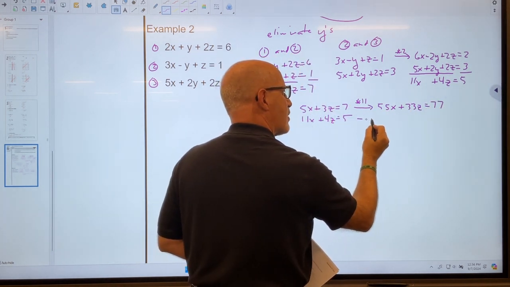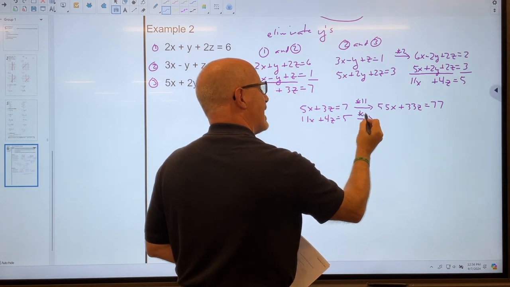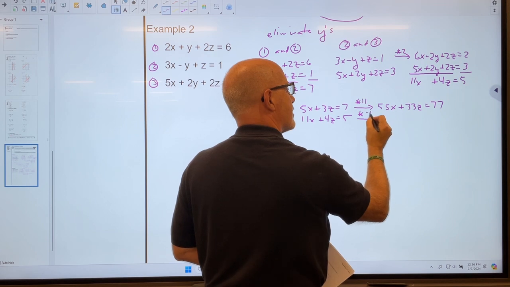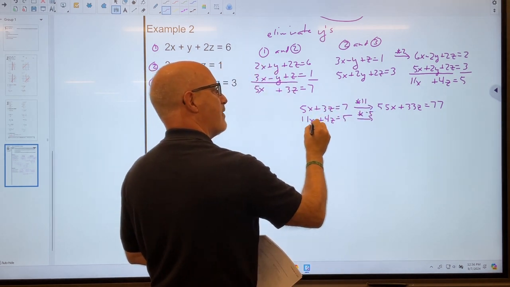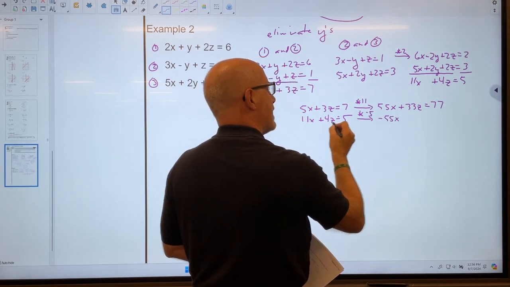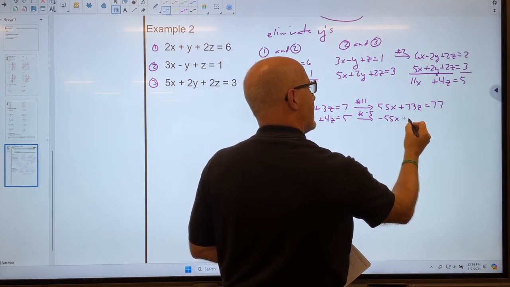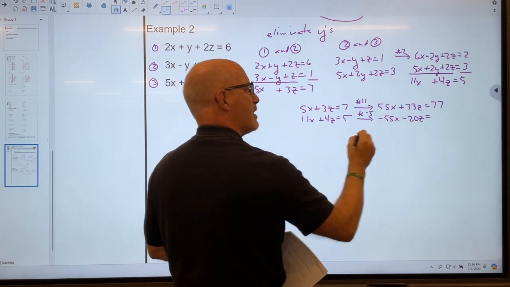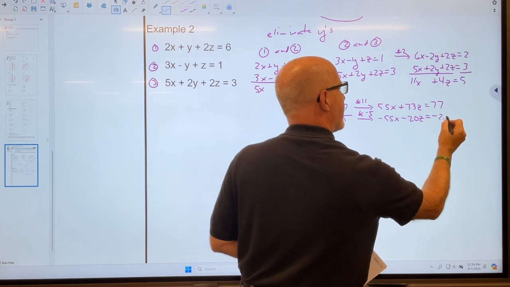And now the second equation I'm going to multiply by -5 to get the x's to be opposites. So multiply everything by -5, I get negative 55x, negative 20z, and then -5 times positive 5 is negative 25.